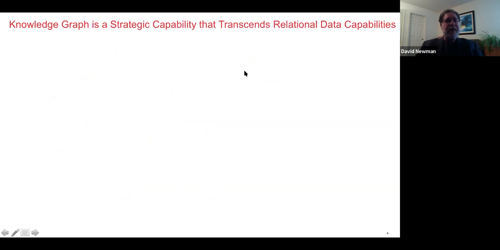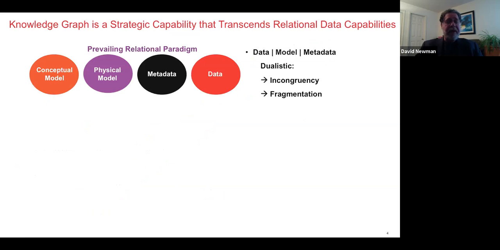So knowledge graph really is a strategic capability that transcends relational data capabilities. So when we look at the prevailing relational data paradigm, one of the things that really stands out is what I would call a duality or dualistic scenarios, where the model is segregated from the physical model, which is segregated from the metadata, which is segregated from the data. These are all separate. These are all non-integratable.